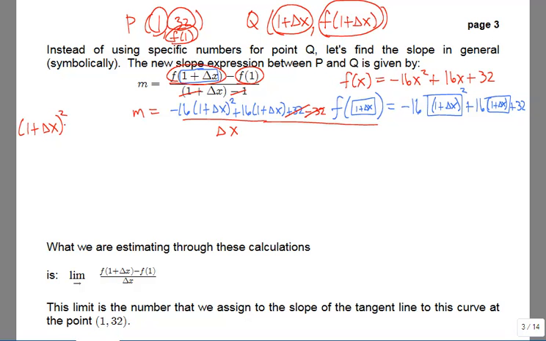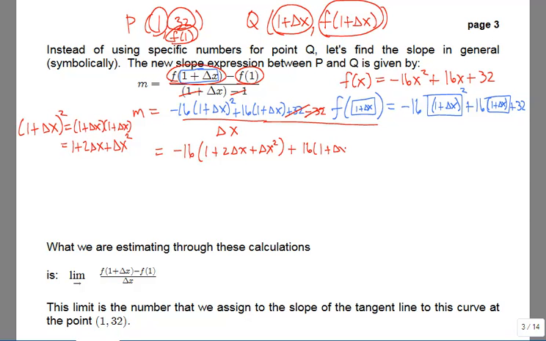You can either think of that as 1 plus delta x times 1 plus delta x and then just FOIL, or hopefully you're familiar enough by now to do that in your head. You know that you're going to get a 1 times a 1, you're going to get a delta x plus another delta x, which is 2 delta x, and then a delta x times a delta x, which is a delta x squared. So we are going to have to take negative 16 times these three terms. This is what we get when we square that quantity.